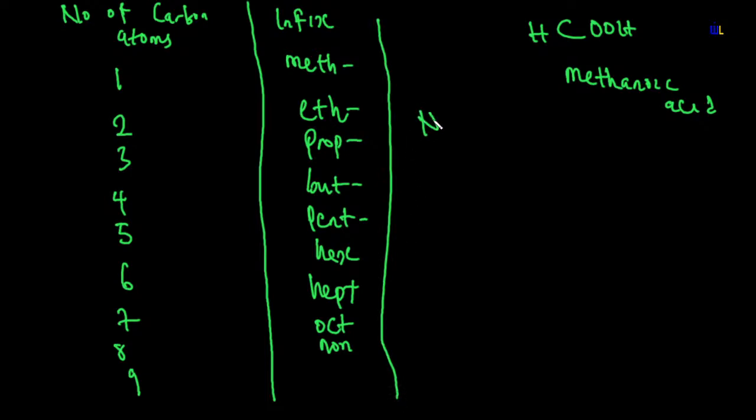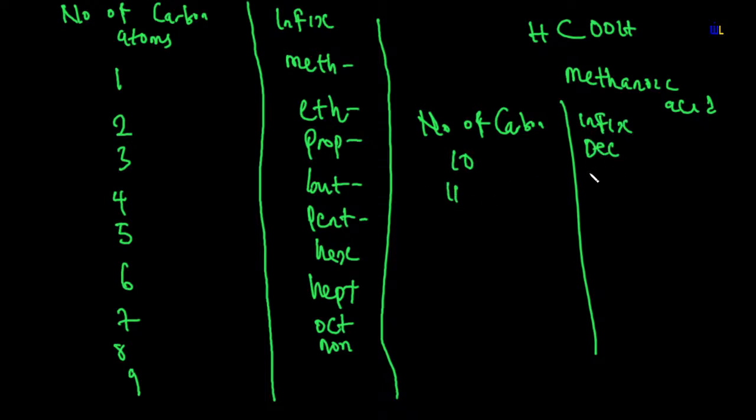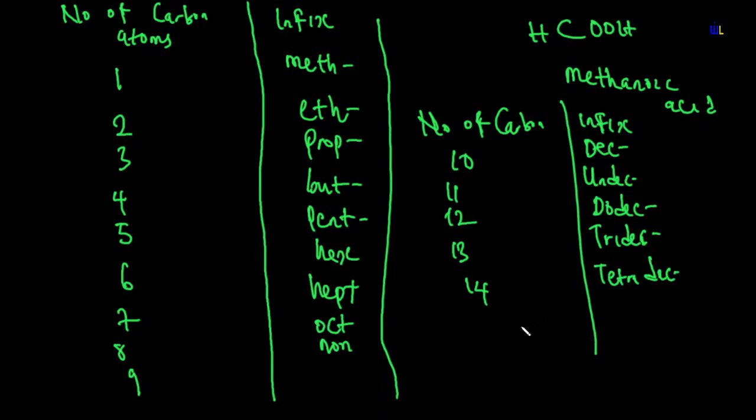Okay, so let's look at the number of carbon atoms, then the infix. 10 is represented by deca, 11 is undeca, 12 is dodeca, 13 is trideca, 14 is tetradeca, 15 is pentadeca. You can notice a sequence here: once you have your multiples of 10, they usually have special names.